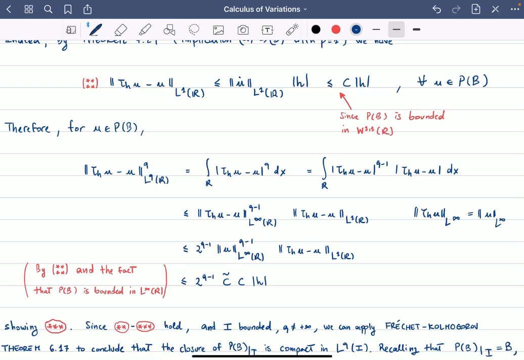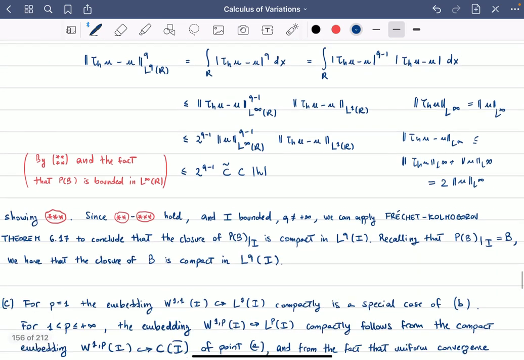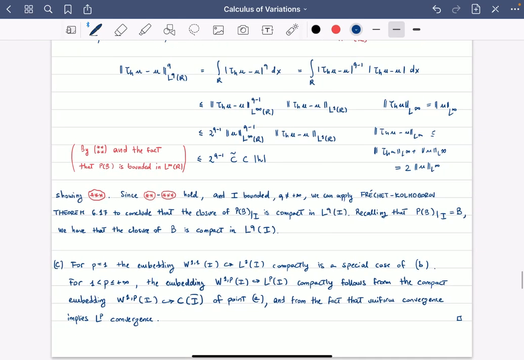And here I'm saying that the L infinity norm of tau_h u minus u, by triangular inequality, is less or equal than the norm of tau_h u in L infinity plus the norm of u in L infinity, and so this is just equal to 2 times the norm of u in L infinity. And maybe I should write this down here so that we're a bit more precise.